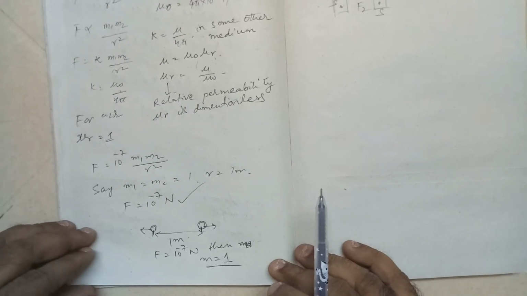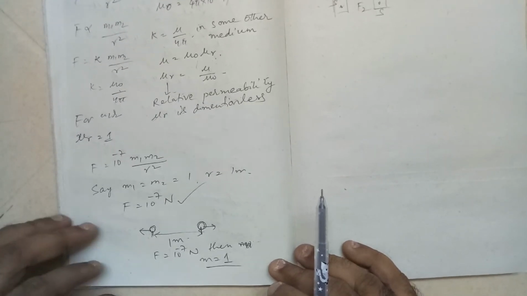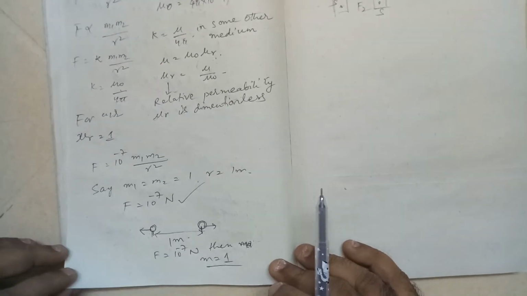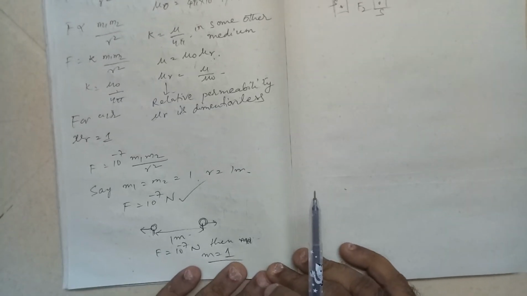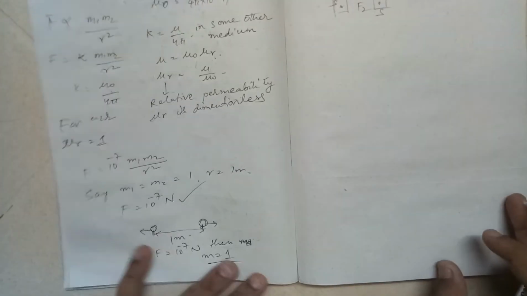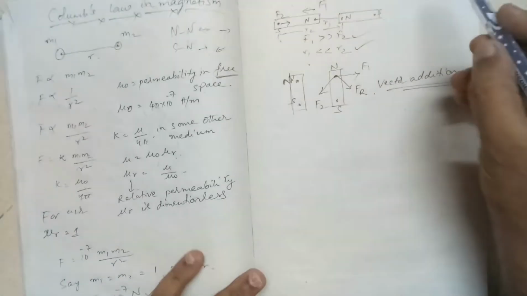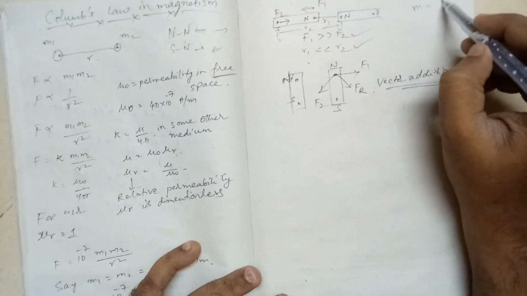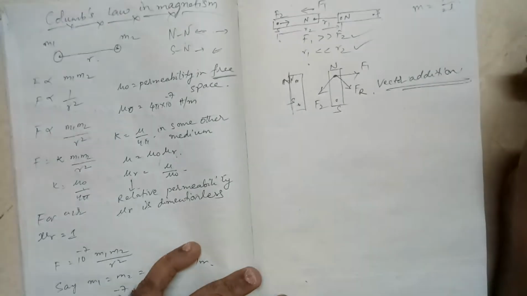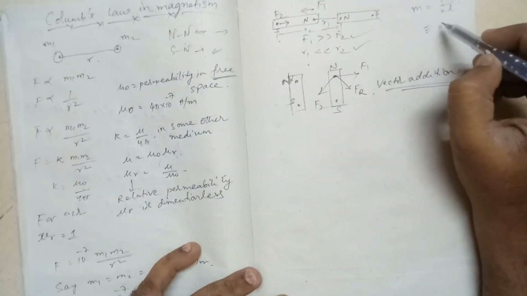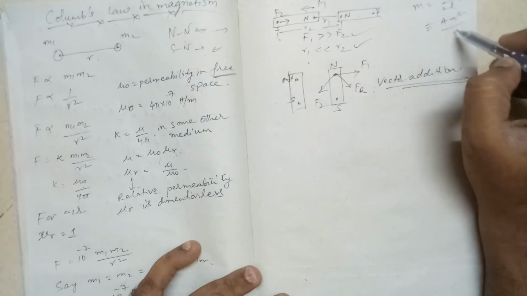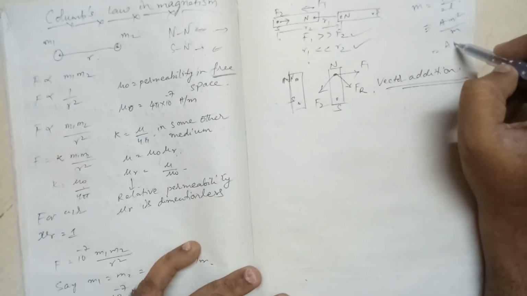What is the unit of pole strength? One way of expressing it is Weber, another way we have discussed. In the previous video I told you, pole strength is m divided by l. M is expressed in ampere meter square and l is in meter, so it is ampere meter.